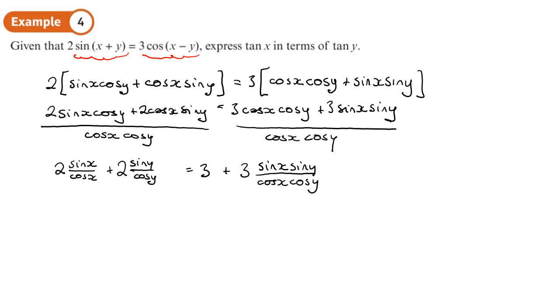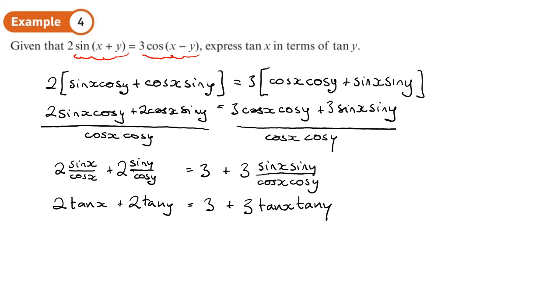That can be tidied up to give us 2 tan x plus 2 tan y equals 3 plus 3 tan x times tan y.